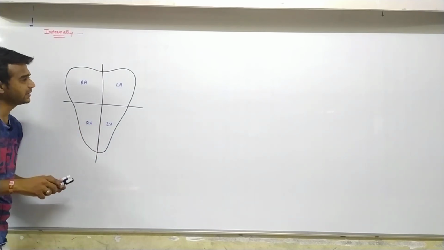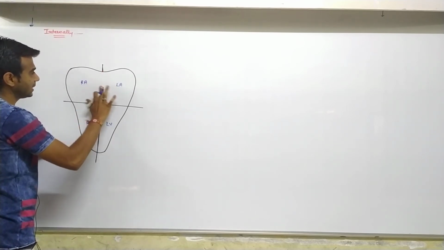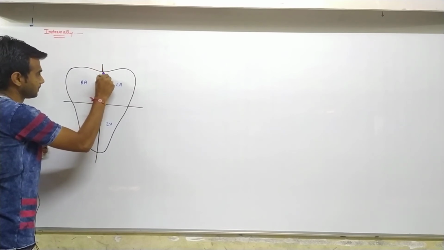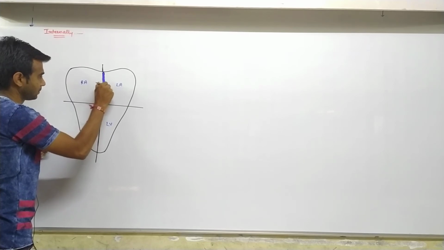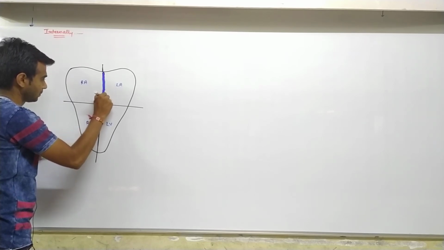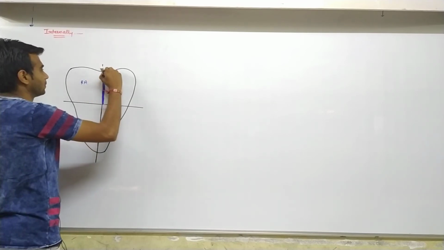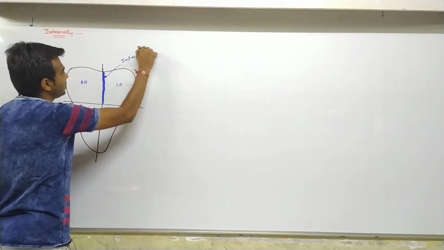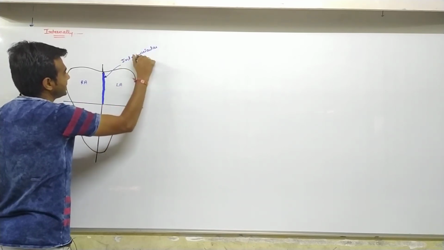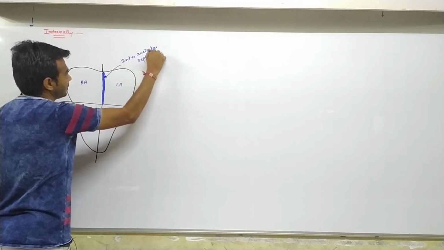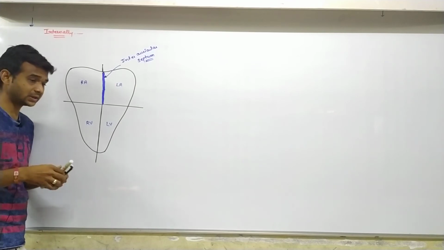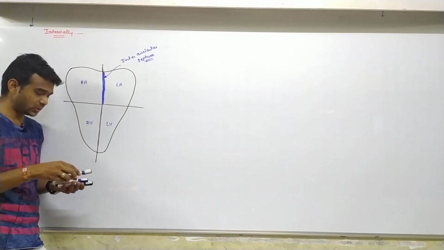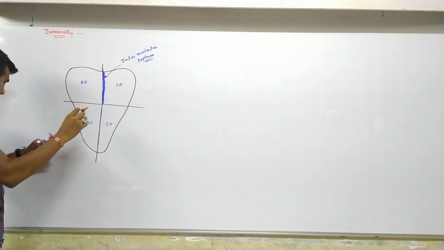Between the right auricle and left auricle, the interauricular septum is present. Externally we used the word groove; now internally we are using the word septum.